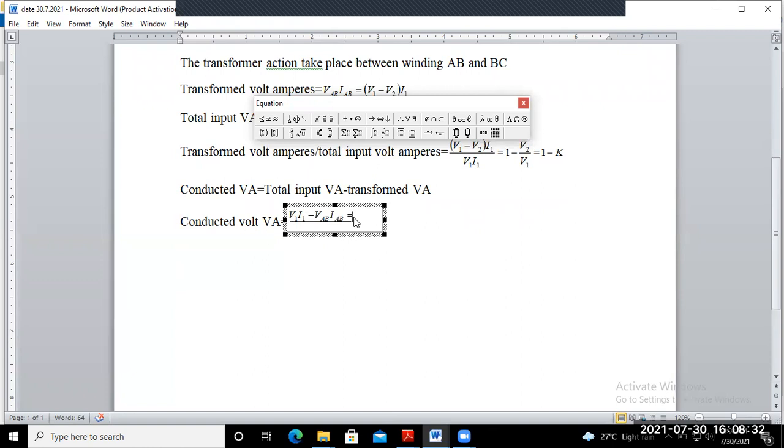So conducted volt ampere is equal to V1 I1 minus VAB IAB. VAB is equal to how much? V1 minus V2, and IAB is equal to I1.